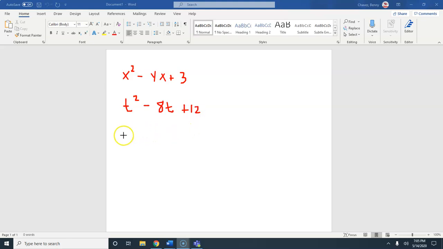We have m squared plus m minus 20. And then w squared plus 6w minus 16.